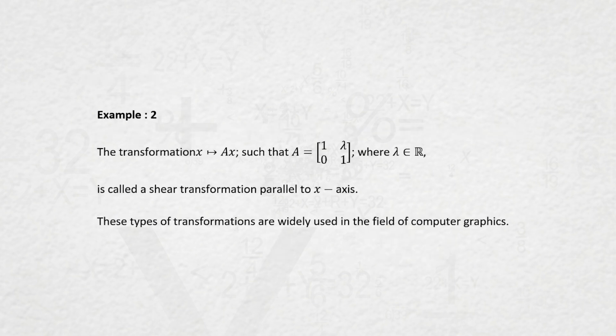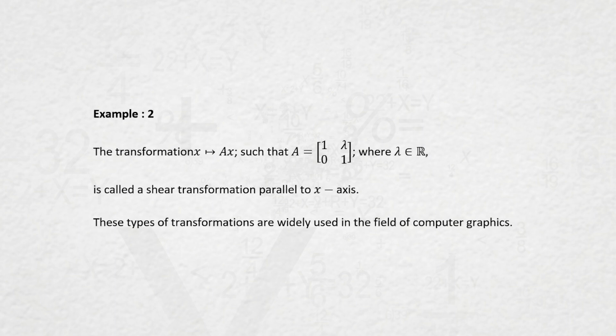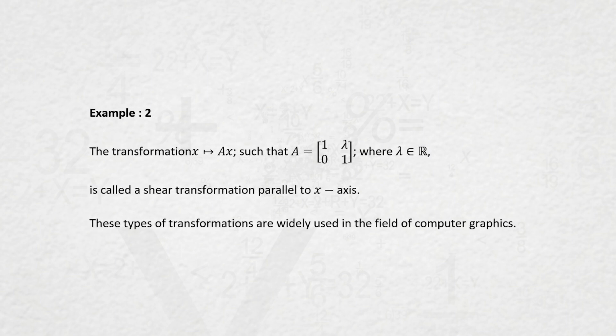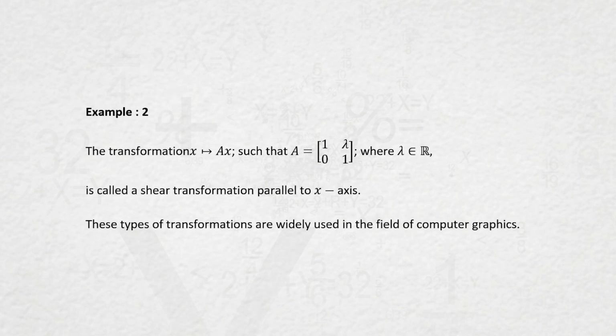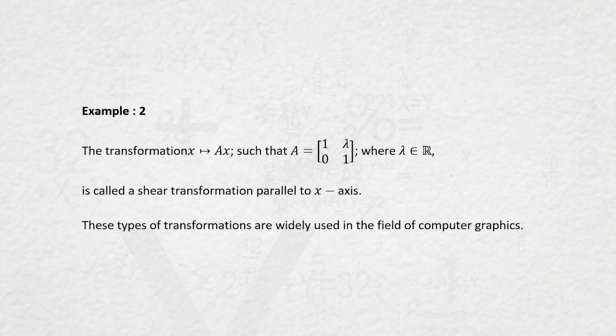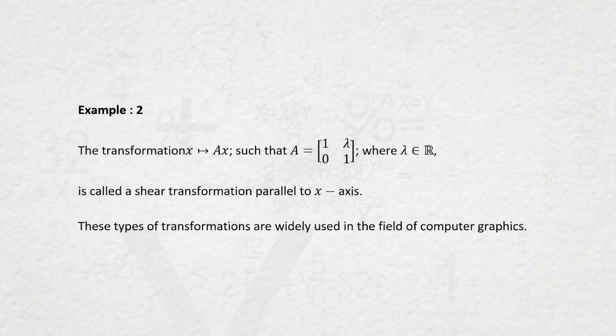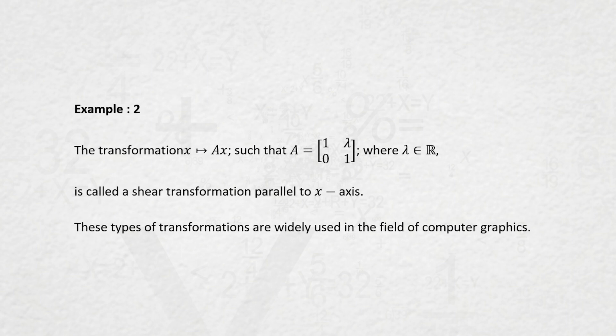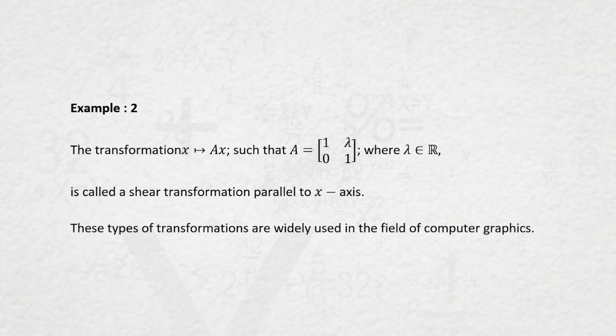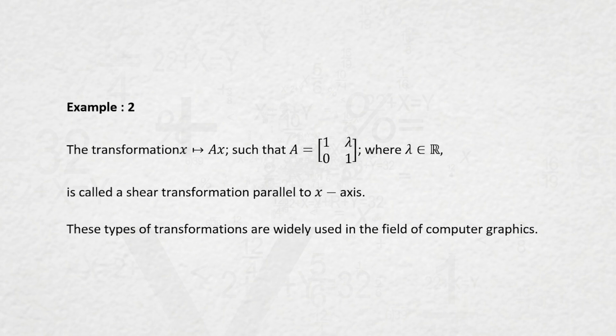Example 2: the transformation x ↦ Ax such that A = [1 λ; 0 1], where λ is a real number, is called a shear transformation parallel to the x-axis. These types of transformations are widely used in the field of computer graphics.